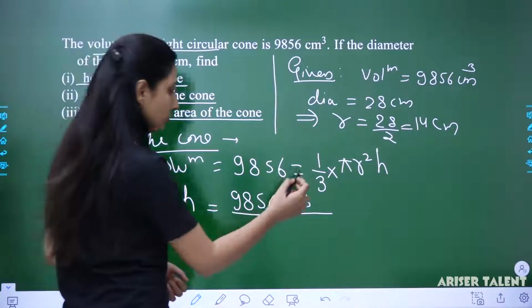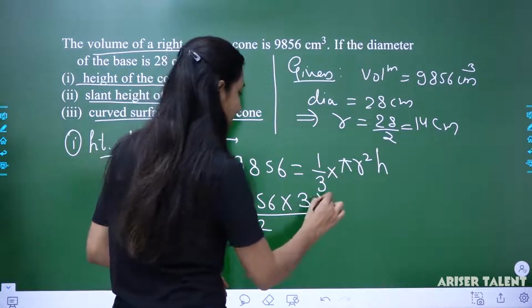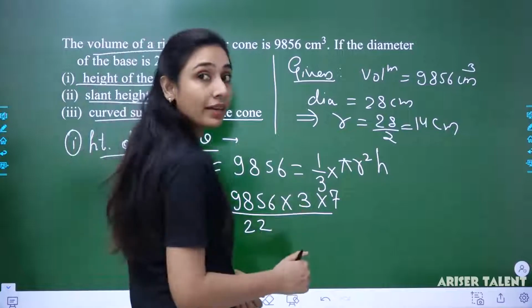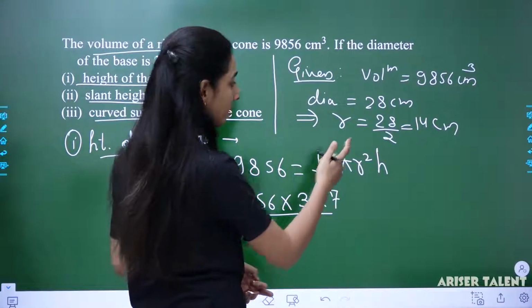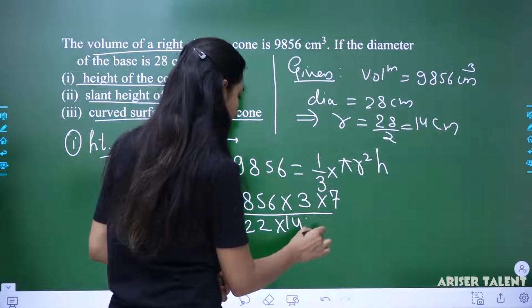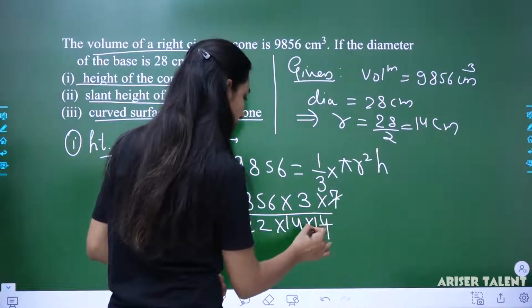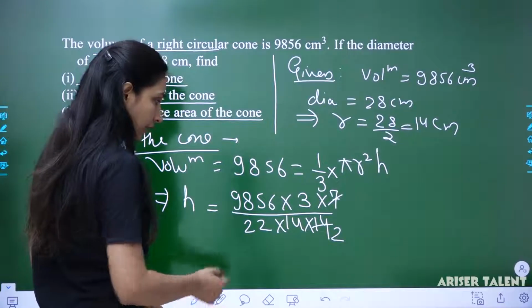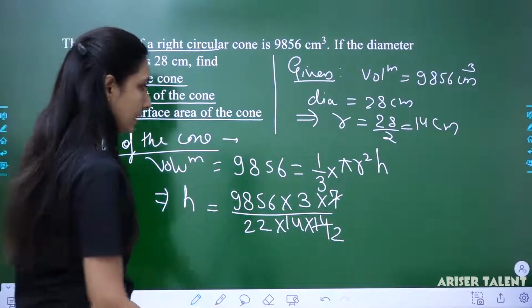Now pi is 22/7 here. Then r square. Now r is in centimeters, given 14 multiplied by 14, 2 times. Then further we'll be having this 22 and 98 here.